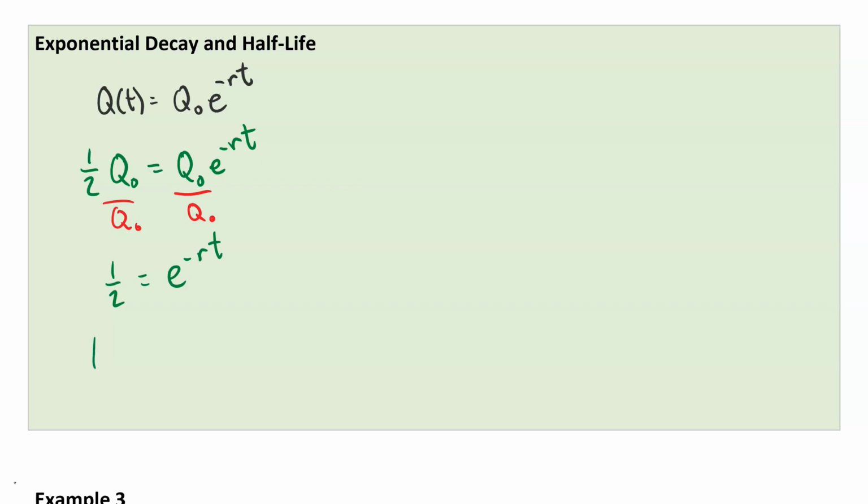And then of course we can take the natural log of both sides. And simplifying that expression gives me the natural log of 1/2 equals negative R times t.